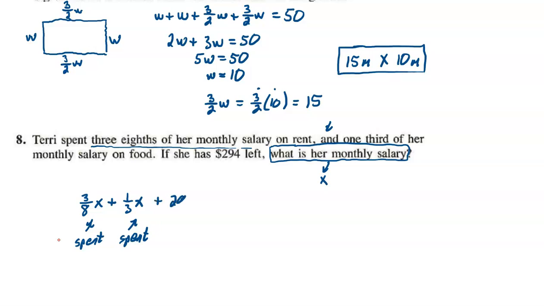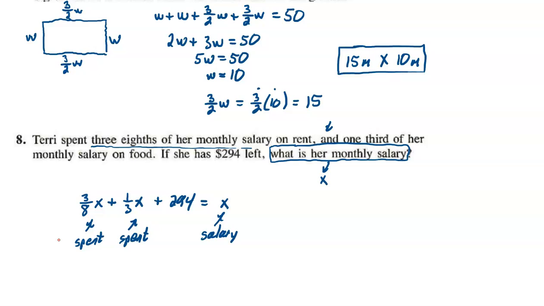So if we add $294, that is her starting monthly salary. Think about that equation one more time. The amount she spent on rent, plus the amount she spent on food, plus the amount she has left at the end of the month, has to be equal to what she started with at the beginning of the month.